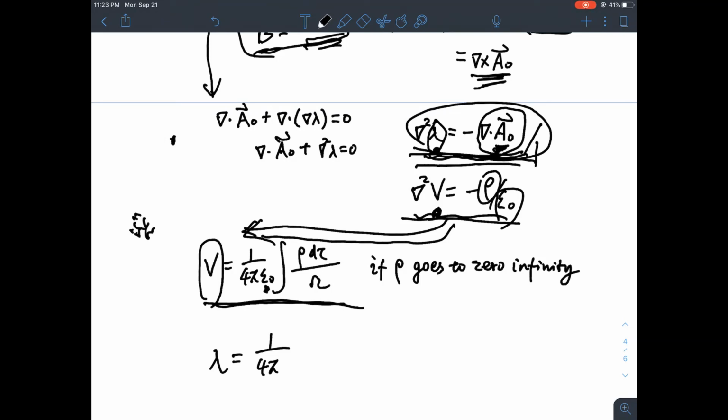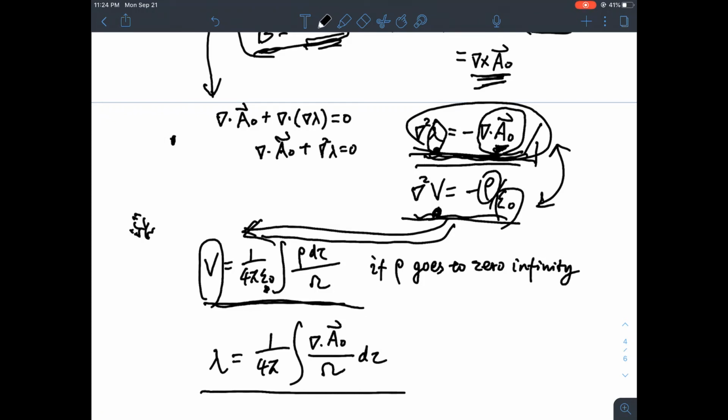So now it's just 1 over 4 pi, and rho in this case is just del dot A 0. In other words, by this analogy we can figure out what the function lambda will look like.